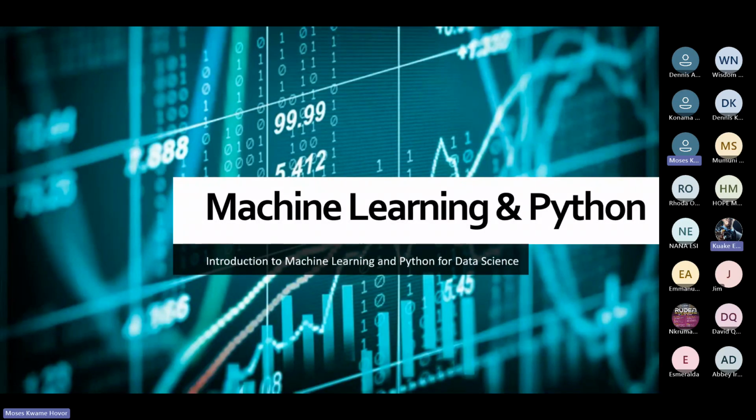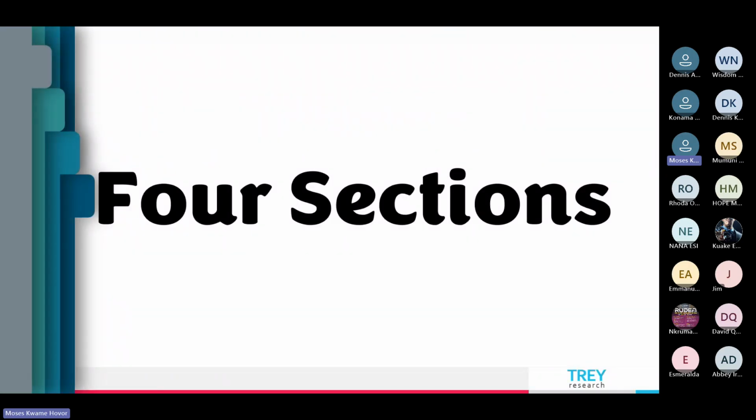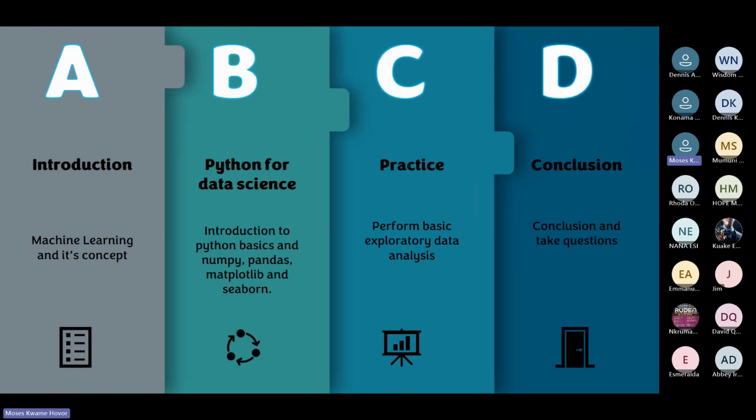Our session here is going to be in 4 sections. The 4 sections we'll be talking about: 1, the introduction to machine learning and its concepts; 2, Python for data science. So we are going to have an introduction of Python basics and its libraries such as NumPy, Pandas, Matplotlib, and Seaborn.